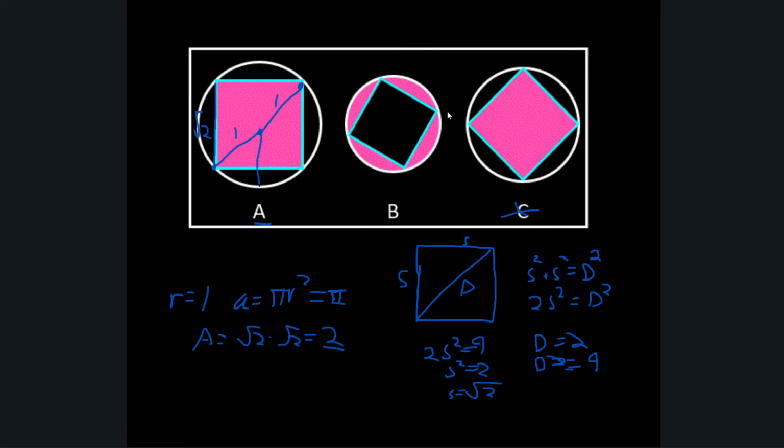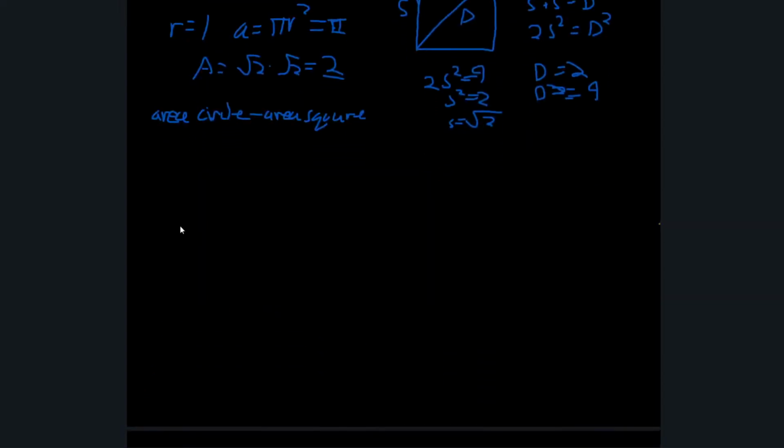Since the square is inside the circle, we'll just do the area of the circle minus the area of the square. In that case, this is pi minus 2, or about 1.14159.